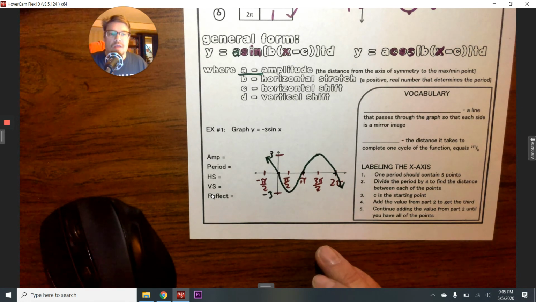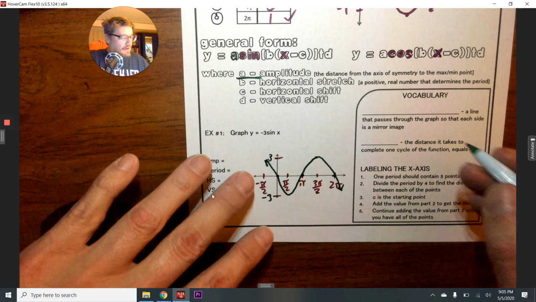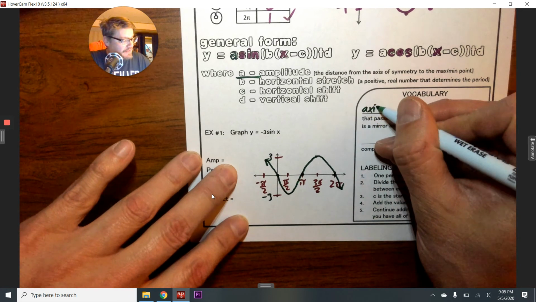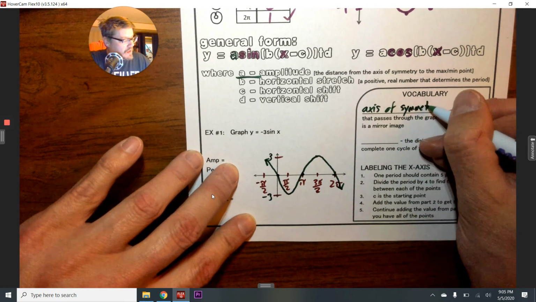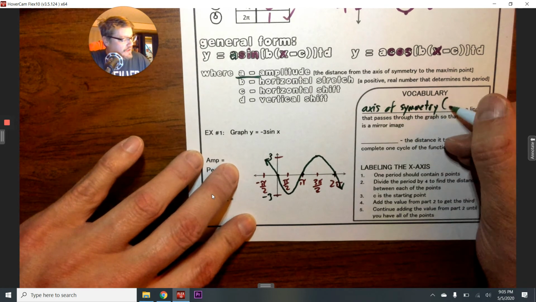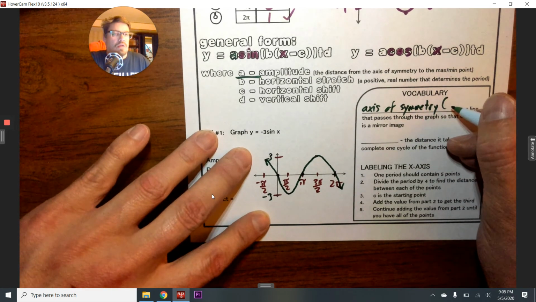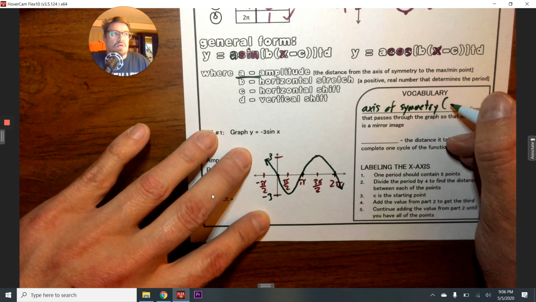This is good enough for paper. Okay, all right. So just to clarify, this right here, this axis of symmetry, is also called the node. Is it the node or the mode? I forgot.